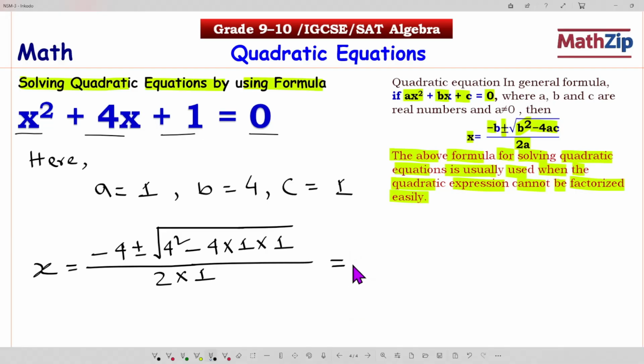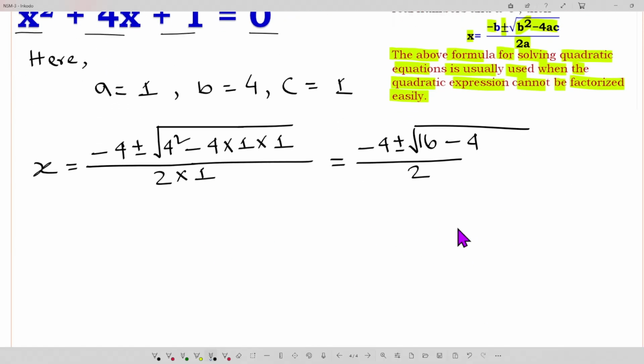So here will be minus 4 plus minus root over 4 square, it means 16, minus 4 times 1 times 1, it would be 4, divided by 2 times 1, which is 2. So here we get minus 4 plus minus root over 16 minus 4, which is 12, divided by 2.